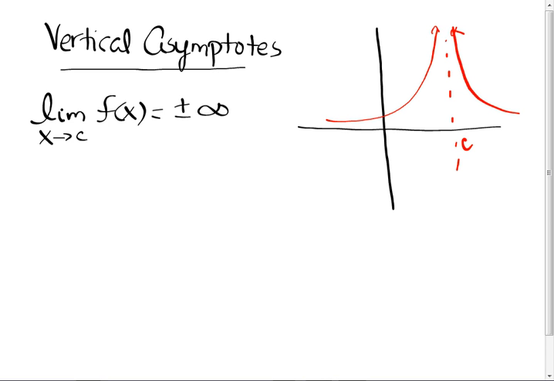It's either positive infinity or negative. It's a break in your graph. Can the function cross a vertical asymptote? No, because you won't have a function.